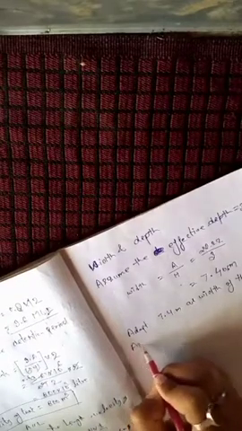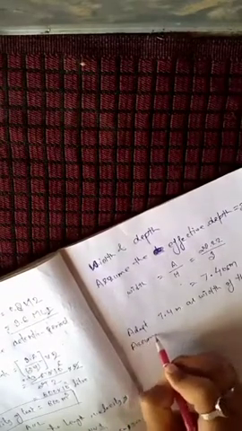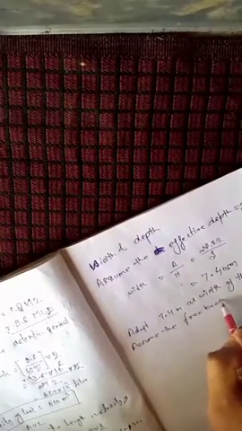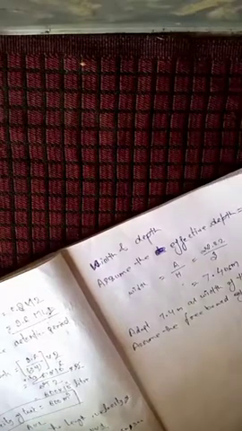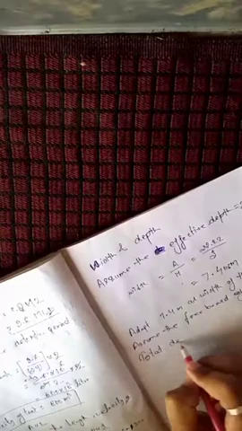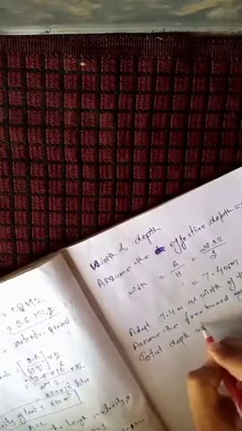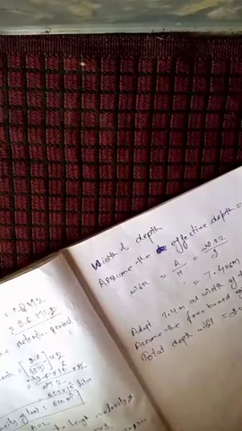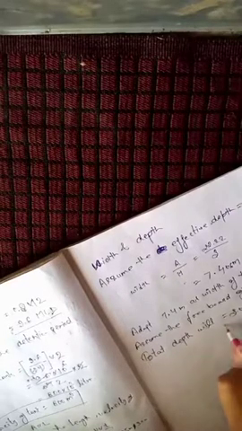Again assume the freeboard of 0.5 meter. Hence total depth will be 3 meter plus 0.5 meter. It will be 3.5 meter.